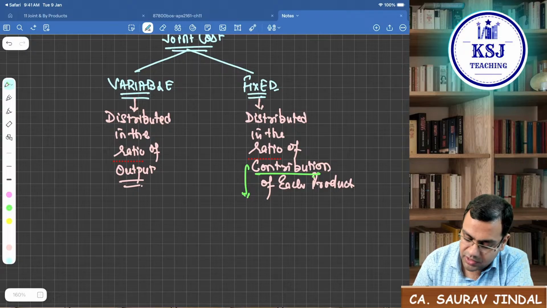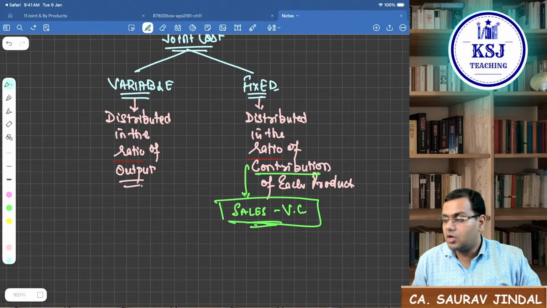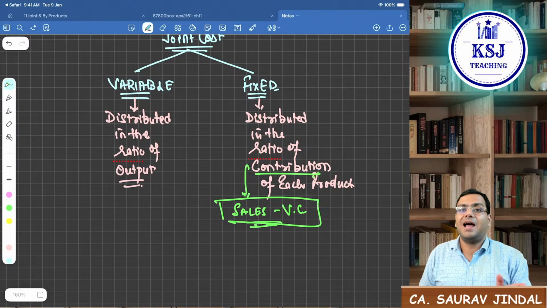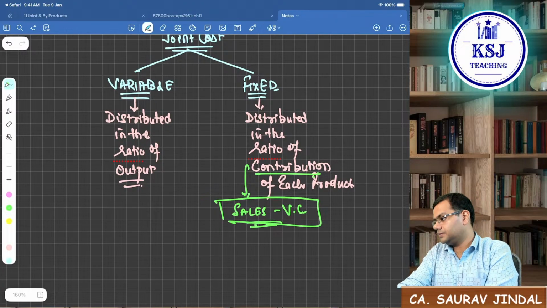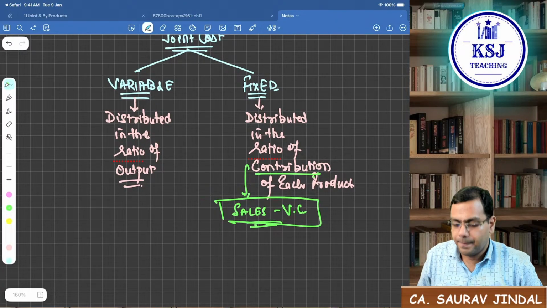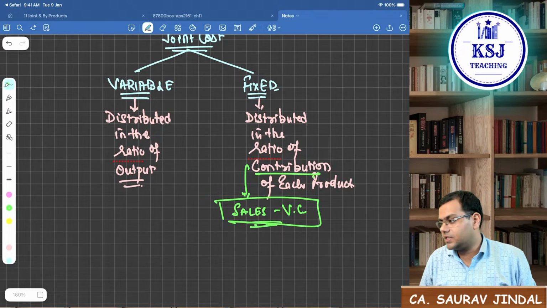Contribution is your sales minus variable cost. So you will calculate the contribution of each product, then in that ratio we will distribute it. In this case, it will be given how much is variable and how much is fixed.